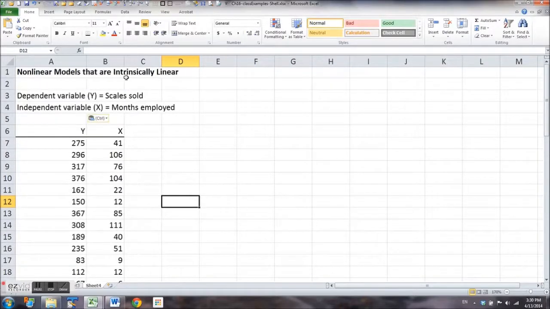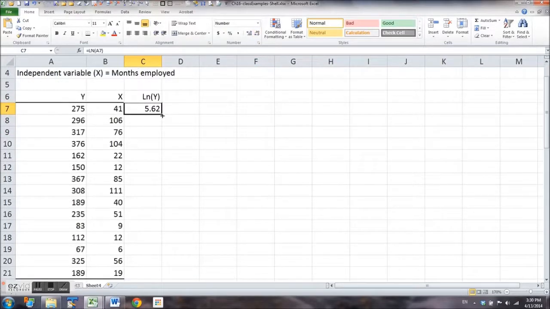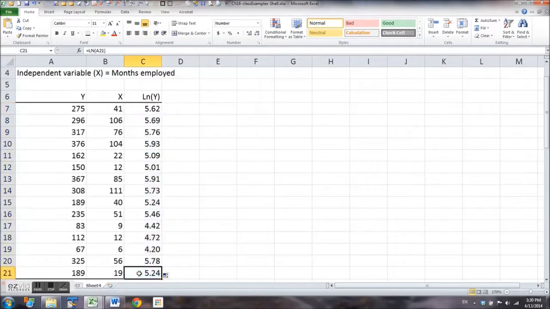So we transform y into ln of y, copy that, and then we'll run the regression.